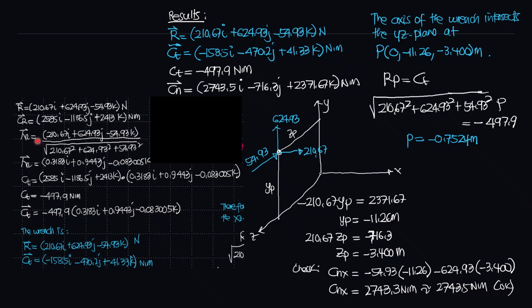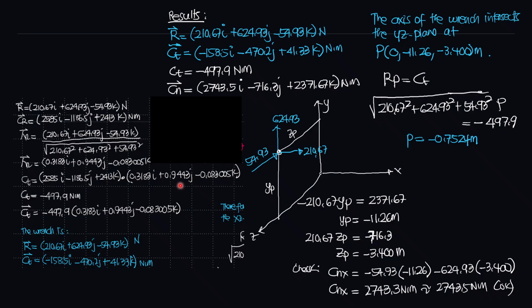The unit vector of this resultant force is the vector divided by its magnitude. So you'll get 0.3183 I plus 0.9443 J minus 0.083005 K.